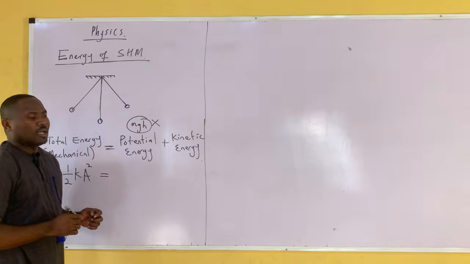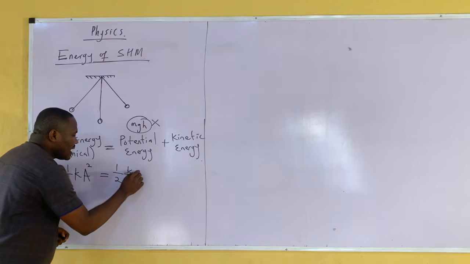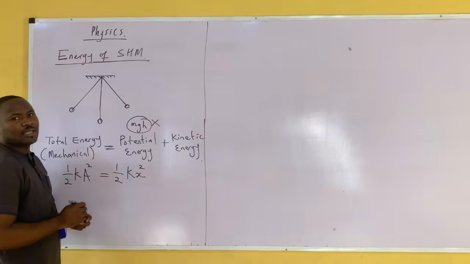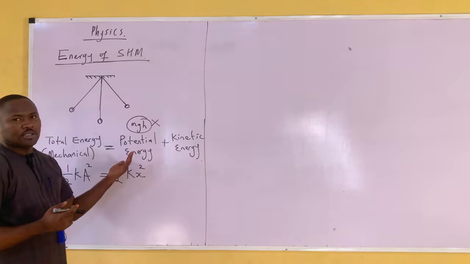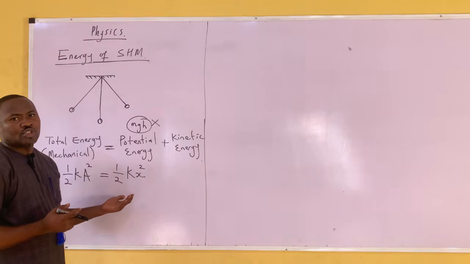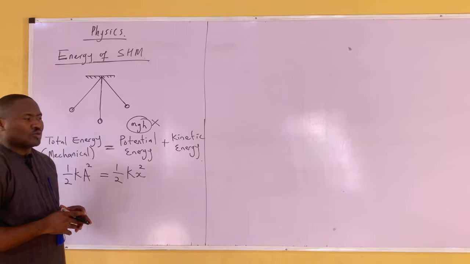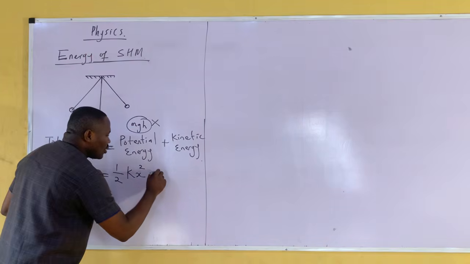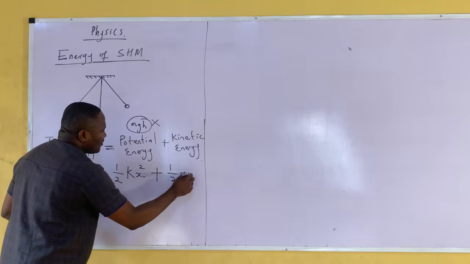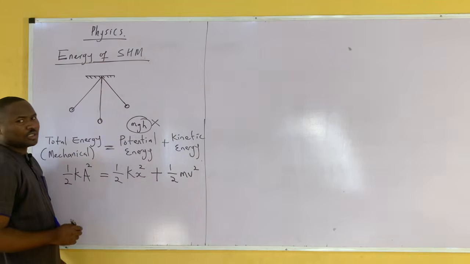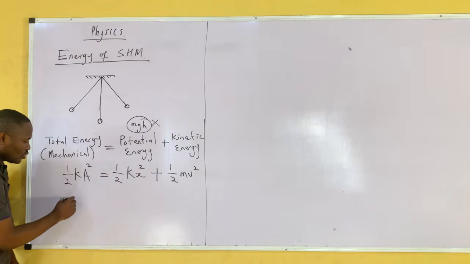Rather it is 1 over 2 Ks squared. That's the energy in a spring. Hooke's law tells us that the energy stored in a spring is 1 over 2 Ks squared. Now, plus, what about this? This is 1 over 2 mv squared, that's the kinetic energy. Now, collect like terms. What do we have?